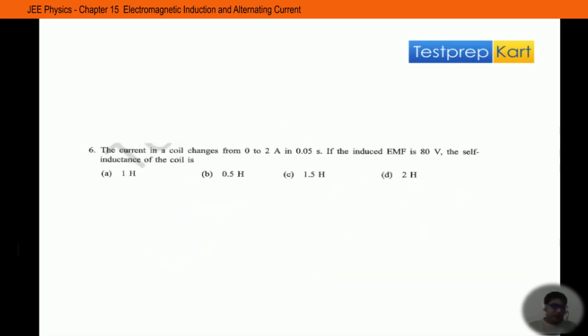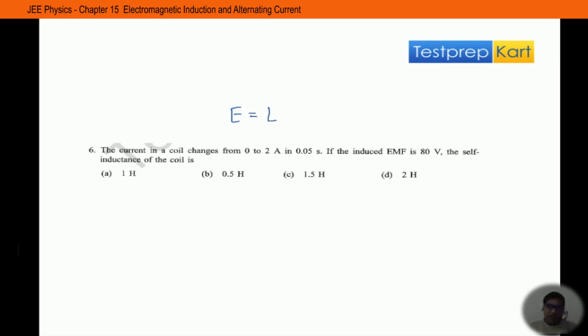Now next question is, a current coil changes its current from 0 to 2 ampere in 0.5 second. If induced EMF is 80 volt, then find the self-inductance of the coil. So we will write the formula for induced EMF with respect to inductance of coil.